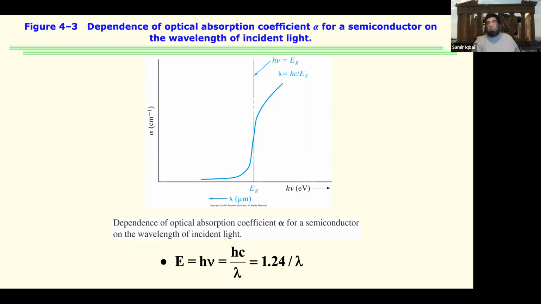The optical absorption coefficient alpha has a relationship with the band gap, essentially with lambda, because we can calculate energy from this relationship.